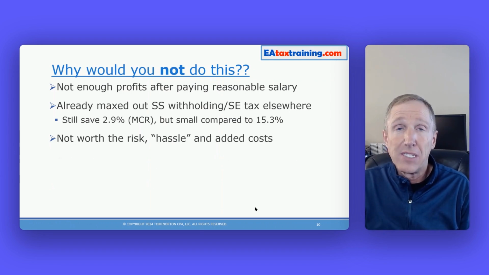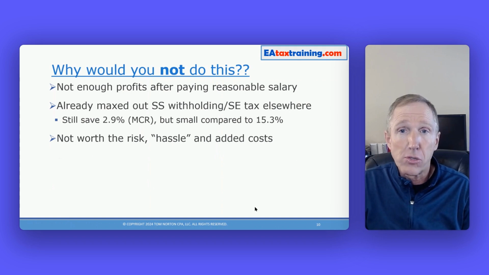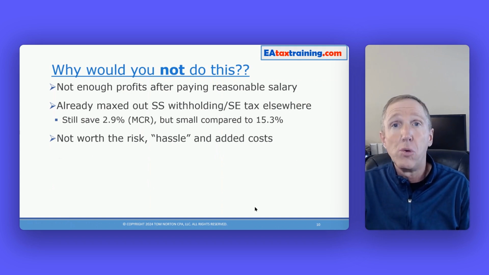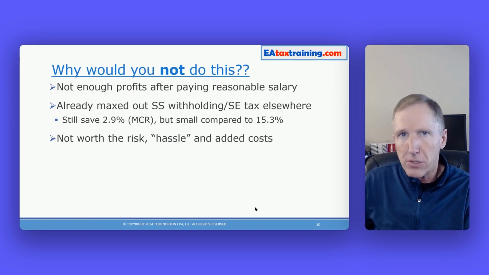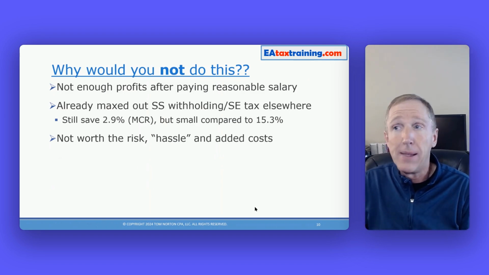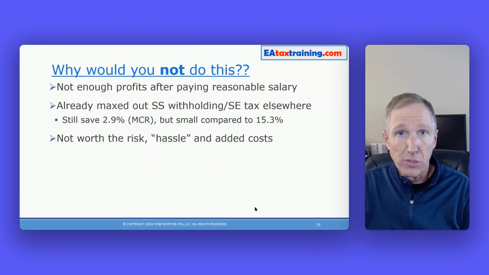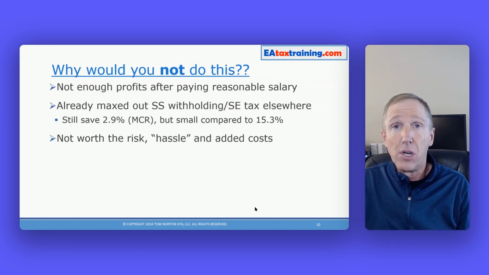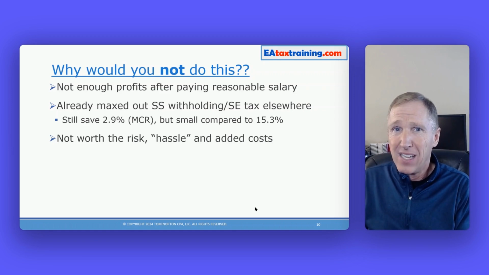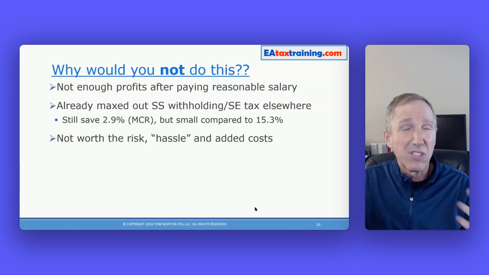The other reason is that you may have already maxed out your Social Security withholding for the year. Maybe you have a W-2 job where you already make $176,100 or more, and this LLC is just a side business. Or maybe you have another business where you've already maxed out the $176,100 for the year for Social Security. Again, it may not make sense for this new business to be taxed as an S corporation, because you still would save some money.